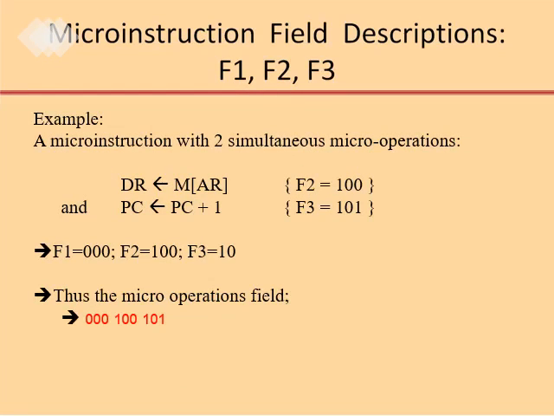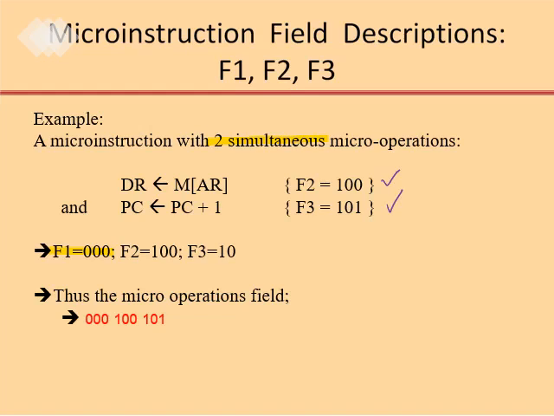For example, if we have 1 micro instruction with 2 simultaneous micro operations, we don't have to use all 3. In this case, we are going to use only F2 and F3. F1 is empty, 000. Looking at the code for F2, from memory to DR, the code is 100. You can check the previous slide.